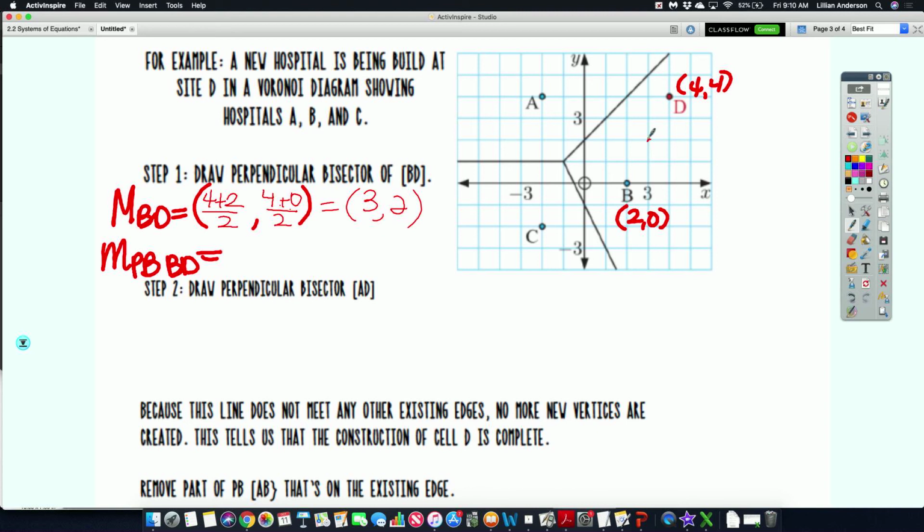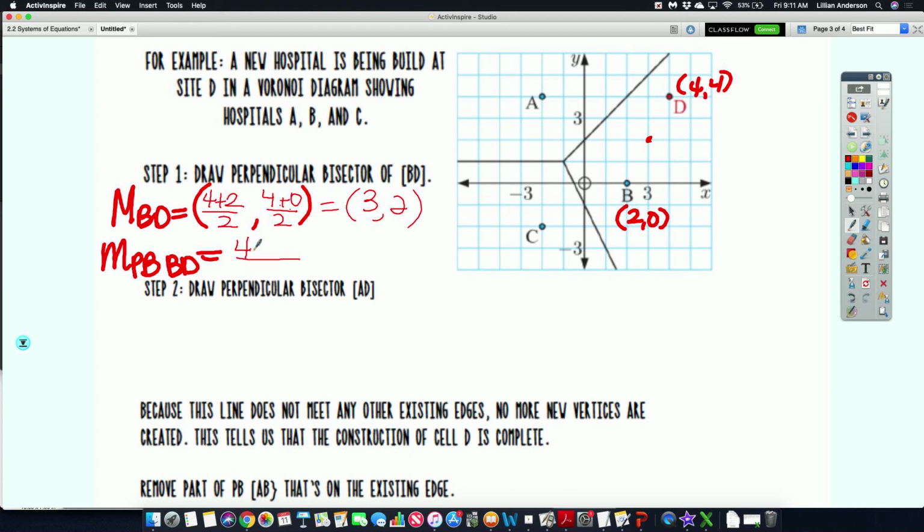You need to plot that point because that's the point I'm going to use to graph the line that is my perpendicular bisector. Okay? Now I just need the slope of BD. How do I find slope? Y2 minus Y1 over X2 minus X1.